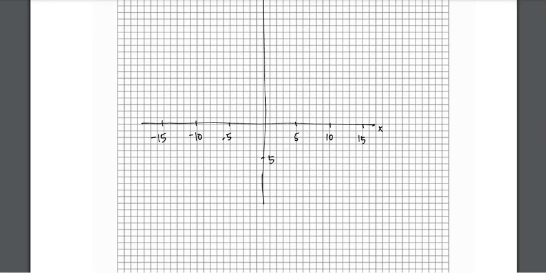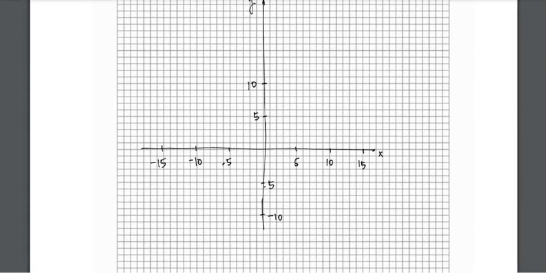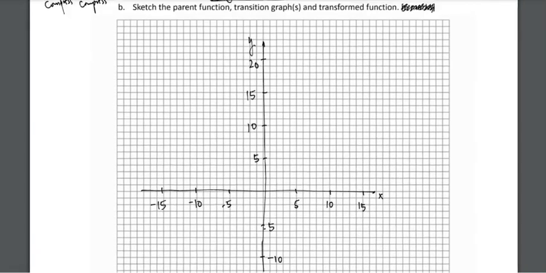You do want to draw a pretty substantial grid though, because you don't want it to be too small and then not have enough detail. I might have drawn too much on this y-axis here, but 2, 3, 4, 5. Hopefully I counted properly for all of those.